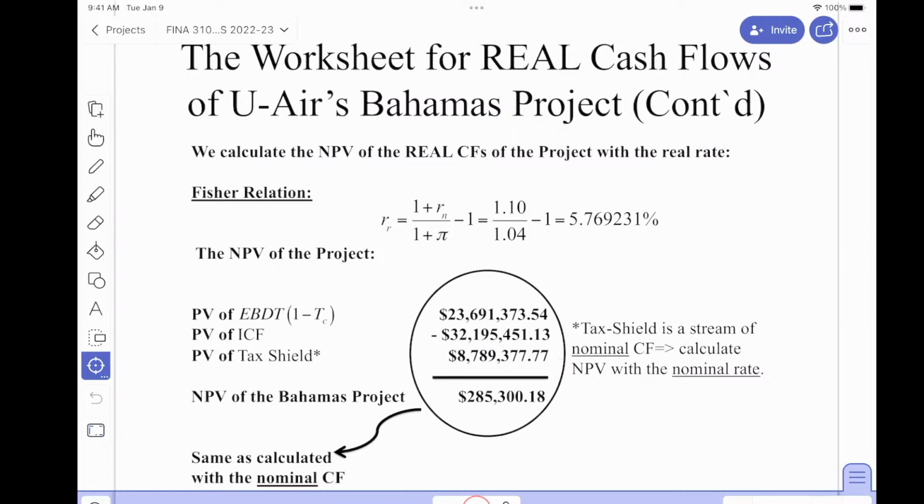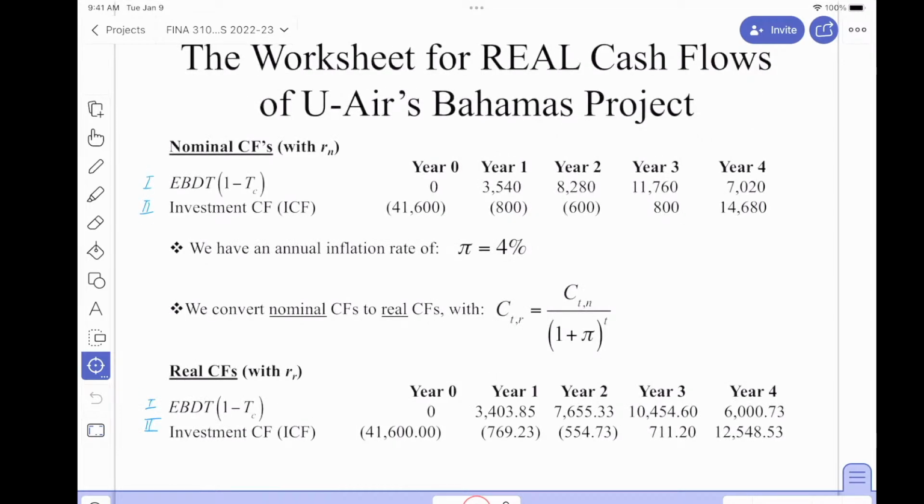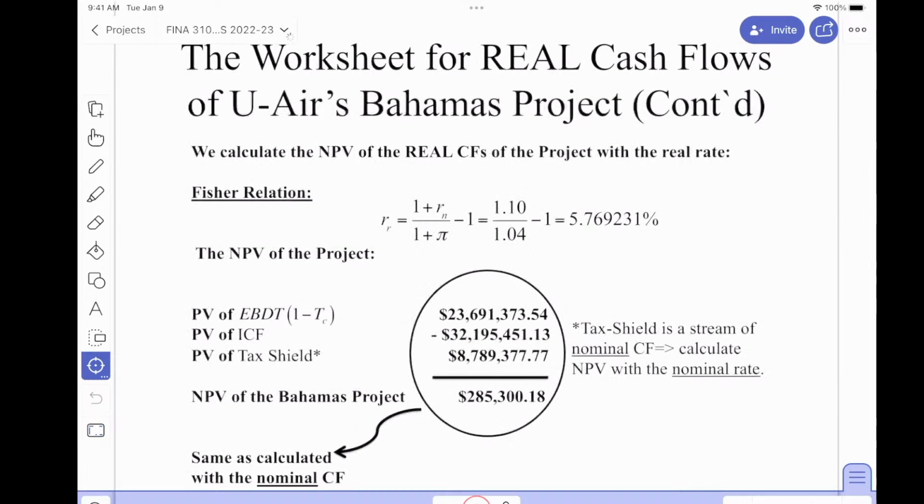So whether you use the nominal amounts or the real amounts, as long as you use the nominal rate with the nominal amounts and the real rate with the real amounts, you should get the same results as we already computed. Shouldn't be a problem. Just a point that with 4% inflation, the real rate will be 5.769%.